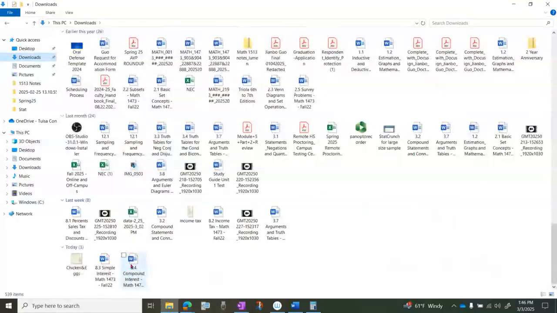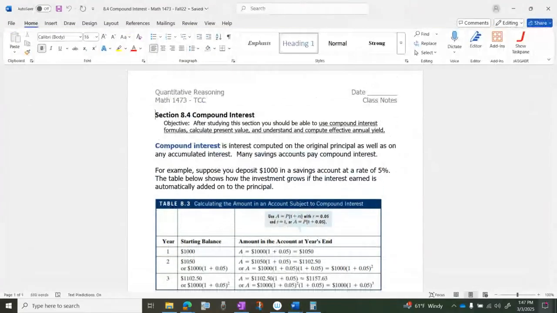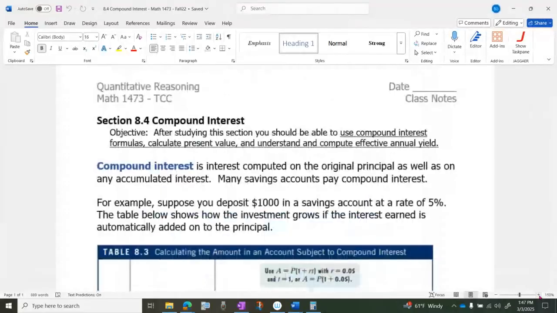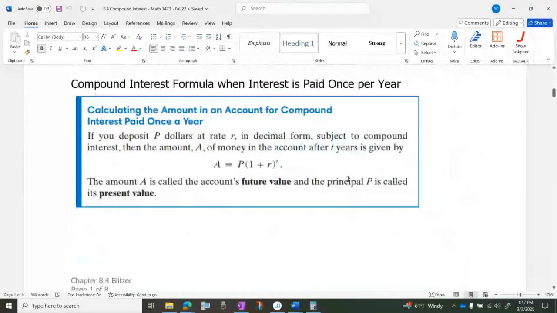When we solve problems for compound interest, we mainly depend on the formula, all right? From next class on Wednesday, we're going to use the TI-84 calculator. Today we don't. On Wednesday we do. So if you still don't have a TI-84 calculator yet, you really should try to get one.